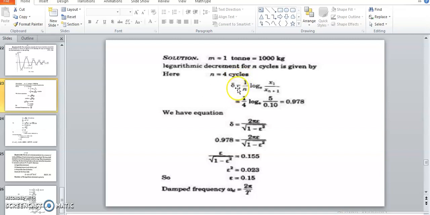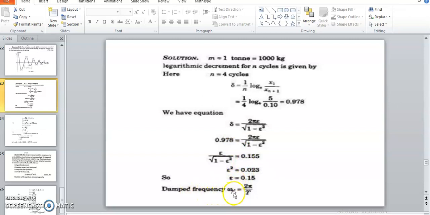Now delta is equal to 1 by n log of x1 by x(n+1). Here n is 4, so it becomes x1 by x5. x1 is 5, x5 is 0.10, and n is 4, so delta is 1 by 4 log e of 5 by 0.10, which becomes 190.978.